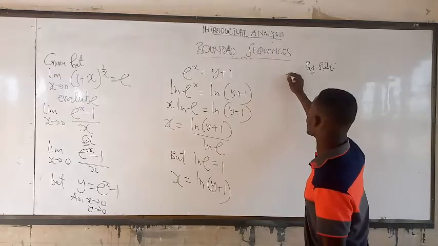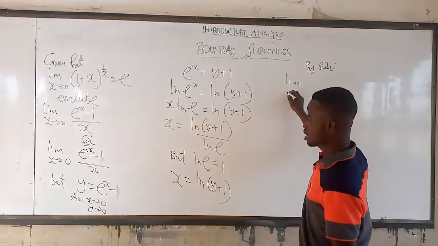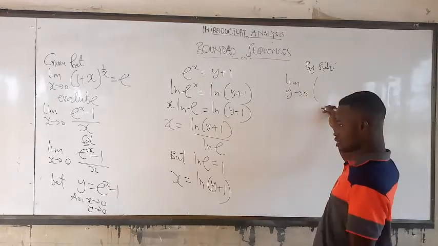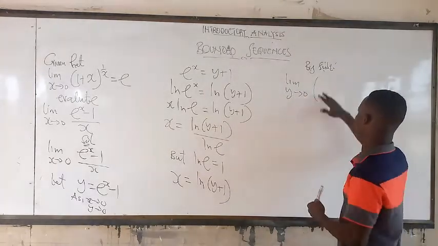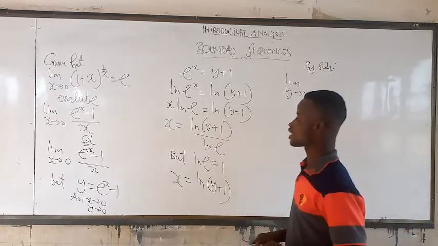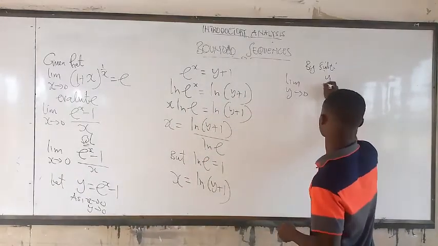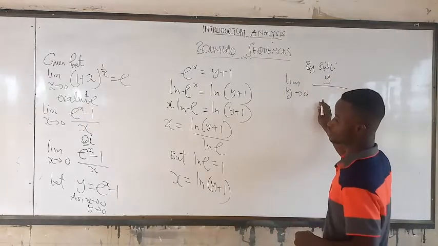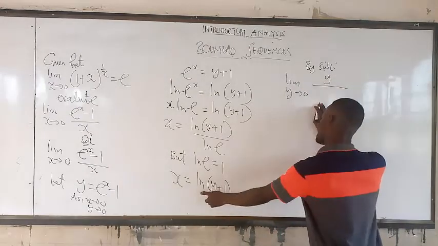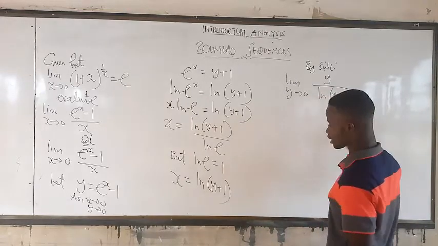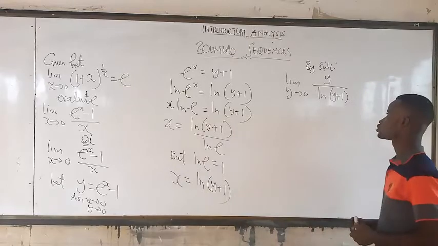So by substitution, we are going to get the limit as y approaches 0, no more x. We know that the whole of the numerator is y, over the denominator ln(y + 1). Very good.